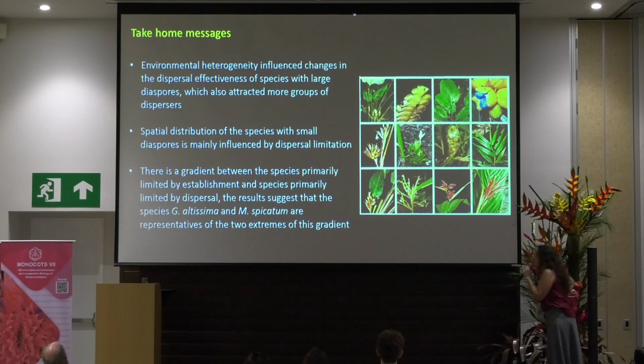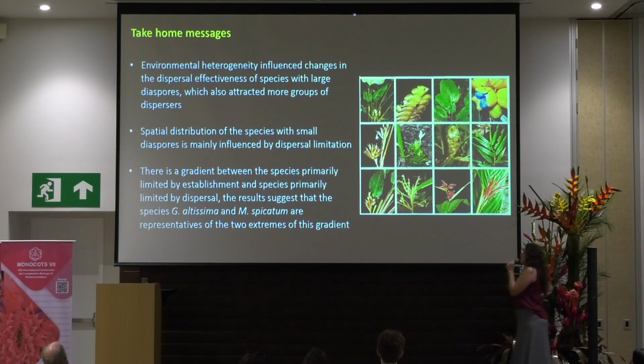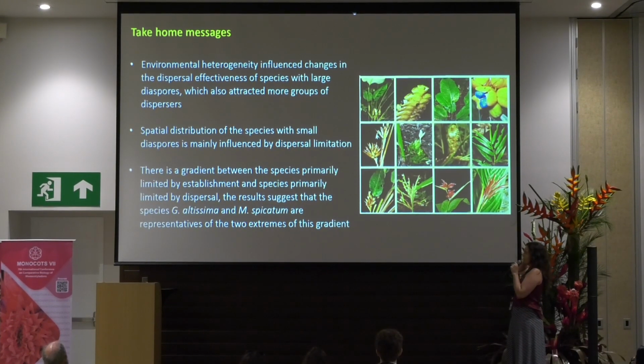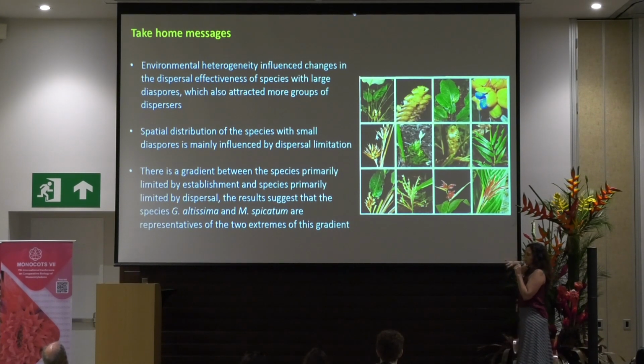Take-home message: environment heterogeneity influences the change in dispersal effectiveness, so you need to take it into account. The spatial distribution of the species with small diaspore seeds is mainly influenced by dispersal limitation. There is a gradient between species primarily limited by establishment and species primarily limited by dispersal. So we have Monotagma spicatum, really related to valleys, with small seeds and limited dispersal.